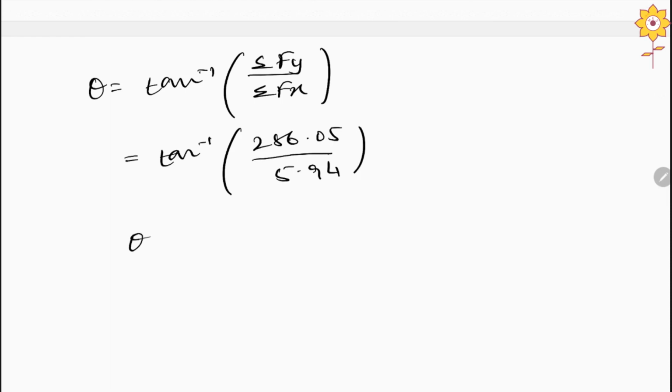If you put this value in the calculator, we get the value as 88.81 degree. So we found out the resultant and the direction.